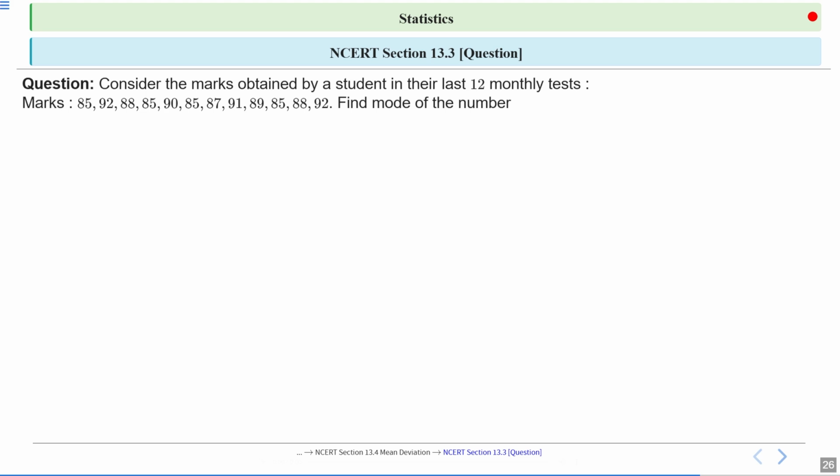Now, let's consider the marks obtained by a student in their 12 monthly tests. The marks are as follows: 85, 92, 88, 95, 88, 85, 90, 85, 87, 91, 89, 85, 88, 92. And here we have to find the mode of the numbers.